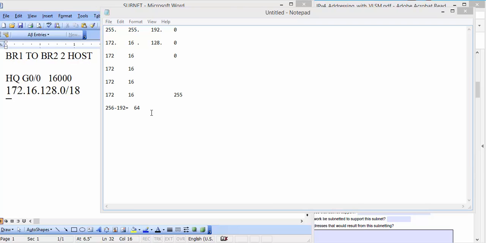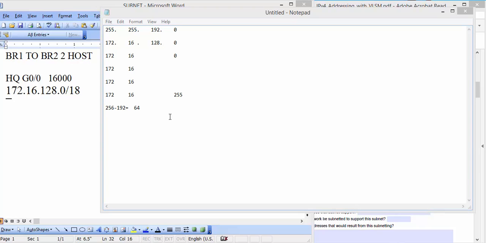So we need to increment 64 starting from 0 until we reach a number that is equal to 128, or not greater than 128.